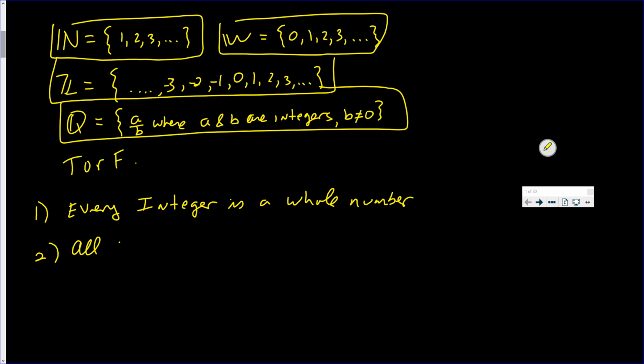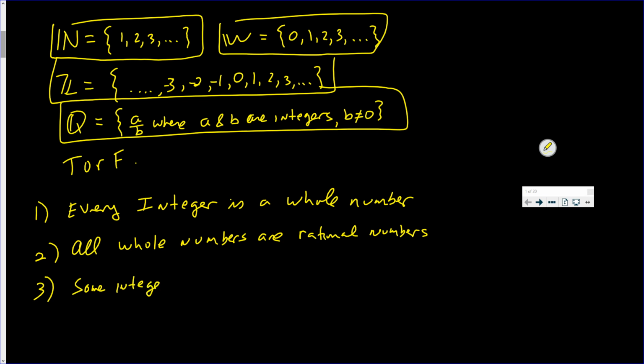All whole numbers are rational, or rational numbers. Some integers are whole numbers.